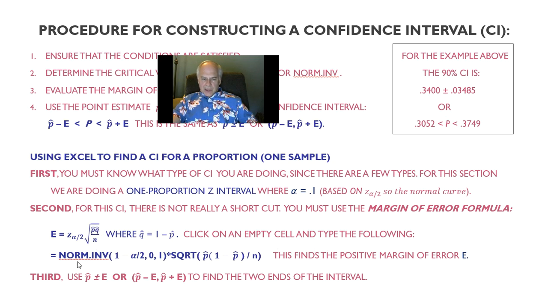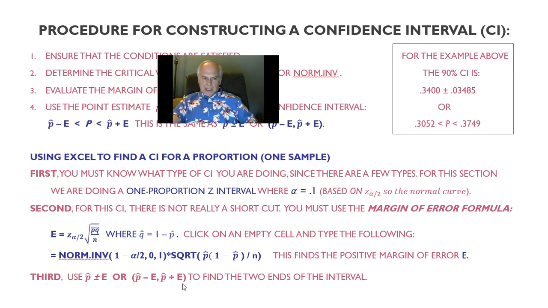This gives the critical value, if you know alpha, and also it gives this margin of error, standard error, the square root of p hat times q hat, which is 1 minus p hat, and then divided by n. And then you do p hat plus or minus e, or p hat minus e, p hat plus e.